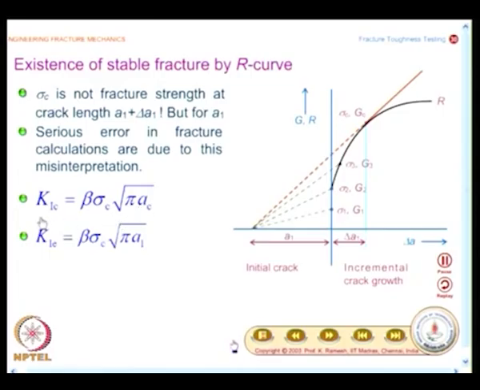So, people came out with apparent toughness, which is K1E, given as sigma c square root of pi A1. We would see this graphically. Once you look at the graph, you will be able to appreciate this alternate definition. So, in thin panels you will always have a stable fracture followed by unstable fracture.